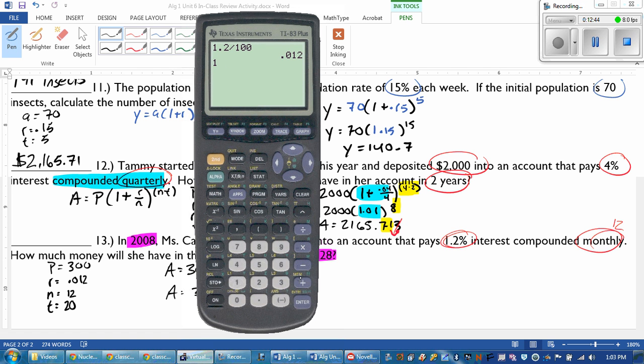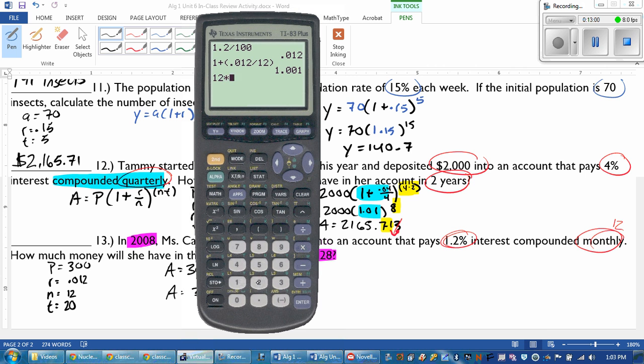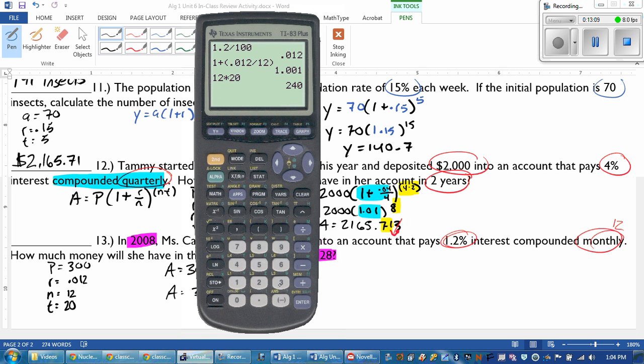We have 1 plus 0.012 divided by 12, and that equals 1.001. Now, up at the top, we have 12 times 20, which is 240. Now that we've simplified that a little bit, it's going to be a lot easier to plug into your calculator. So we have 300 times 1.001 raised to the 240th power.